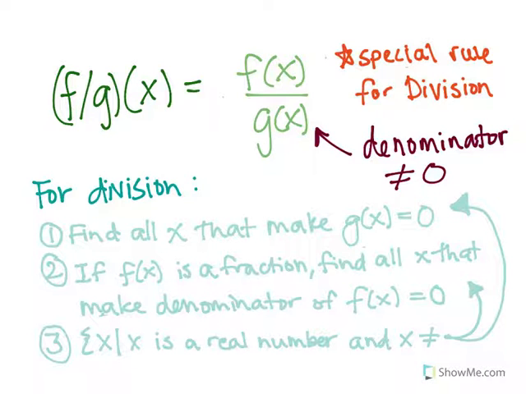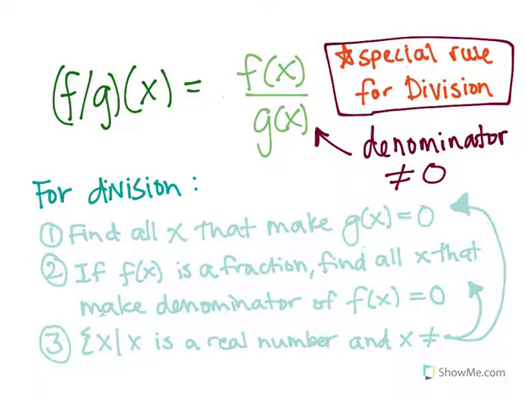So whenever we have a fraction, we use this special rule. In division, we always have a fraction because the division sign becomes our fraction bar. I'll also show you some examples in a minute of how this is true for functions that are fractions as well. You're going to find all x that make g(x) equal to 0.